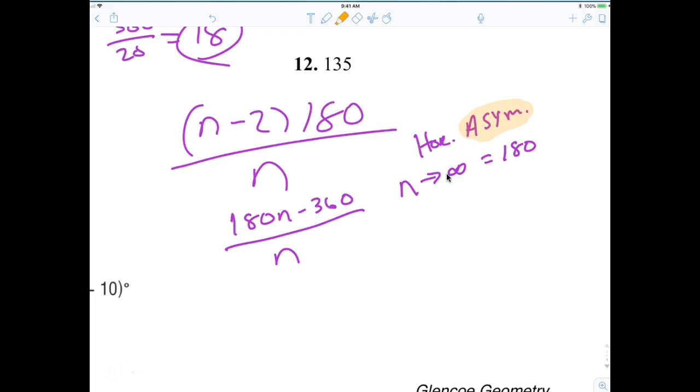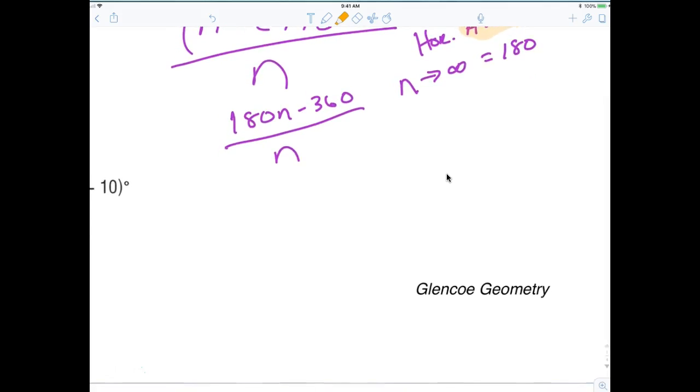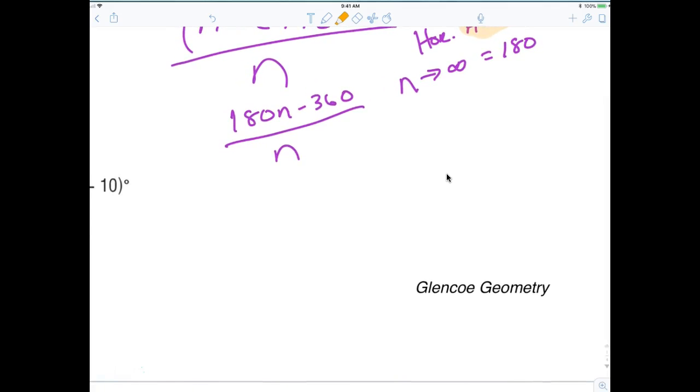Why is the answer 180? As n gets bigger, I'm going to show you what happens to the value of 360 as n gets really big. I always try to equate this to Bill Gates or somebody who's got a lot of money. If I subtracted $360 from Bill Gates' bank account, it literally wouldn't even show up.